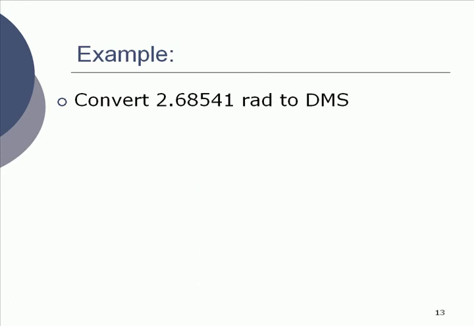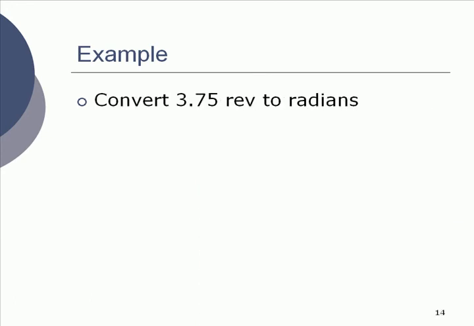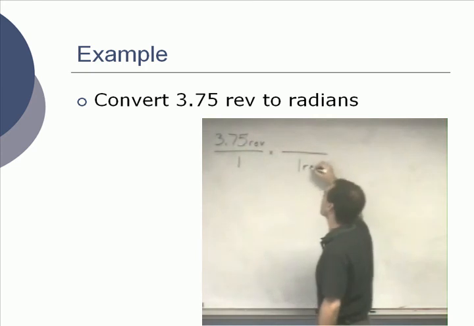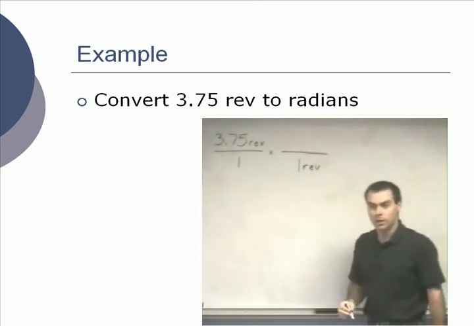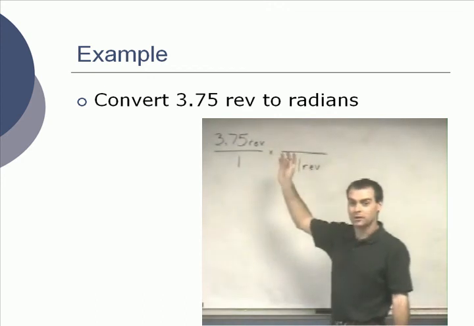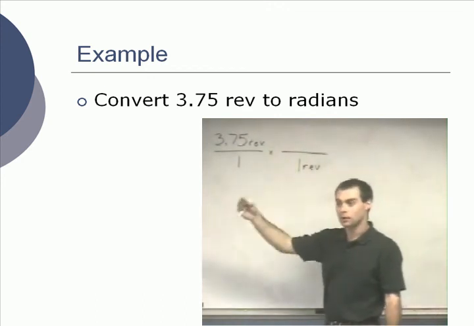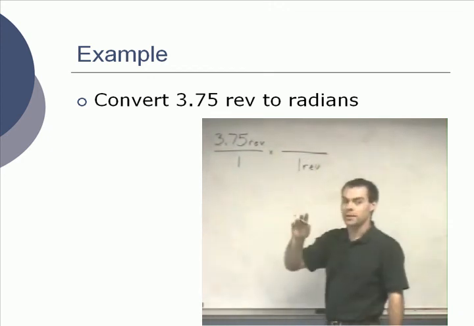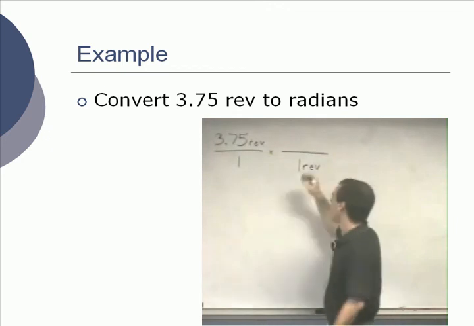Okay. Well, here's another one. Same principle. Let's convert 3.75 revolutions to radians. Now your conversion factor here is 1 revolution is what? 360 degrees. Or, we're not going to degrees though, so don't use 6.28, that's rounded. Use the exact value of 2 pi.